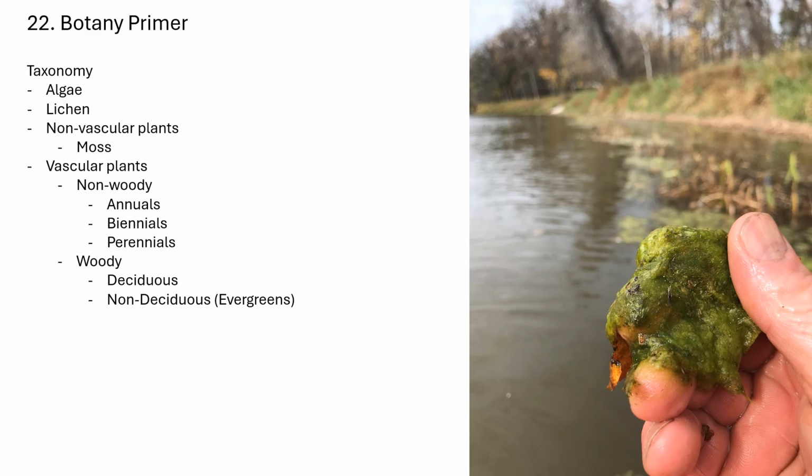We're going to spend some time looking at different groups of photosynthetic organisms, and I've got the word taxonomy here. This is just a fancy way of saying how we organize things. And you know, we have different ways of organizing things.